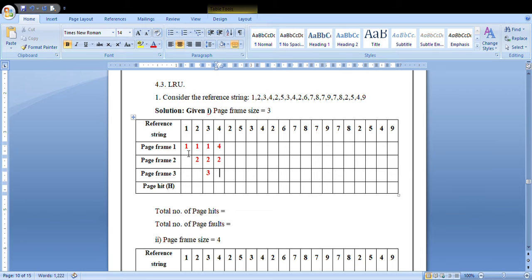The other two page frame values remain the same. Next is page 2. Page 2 already exists in the page frame, so you retain all the values as they are. But from this point onwards, you consider this 2 as a 1.